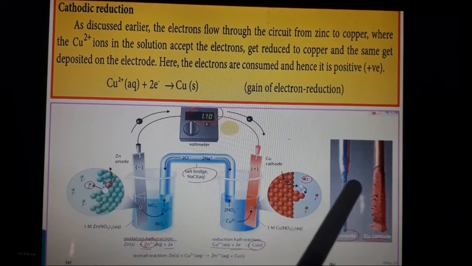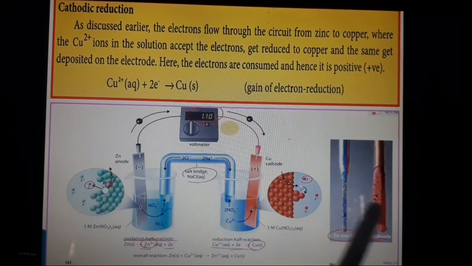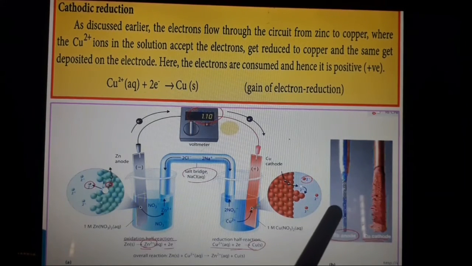This is the diagram for this. The zinc is reducing in size and the copper is increasing in size, because zinc loses 2 electrons to form zinc sulfate, and copper sulfate accepts the 2 electrons and is deposited on the copper. This is the principle of this cell.